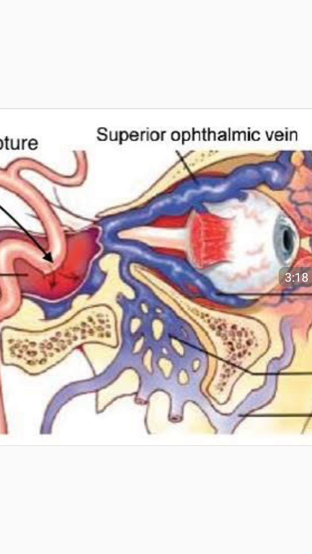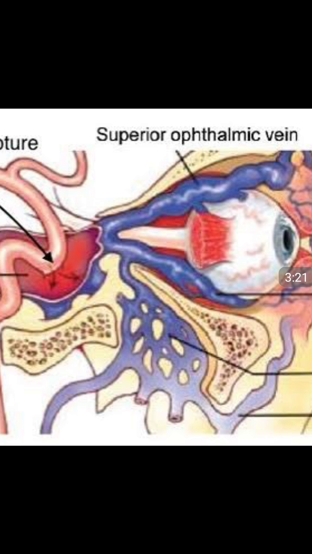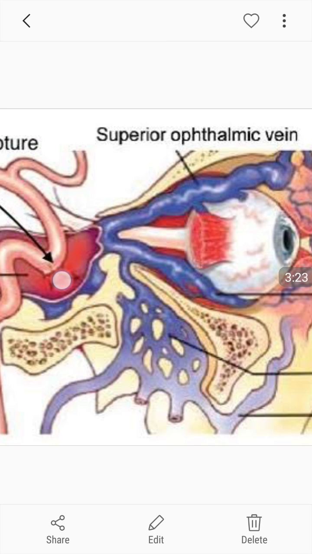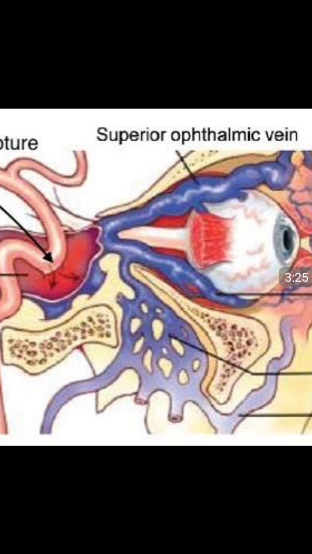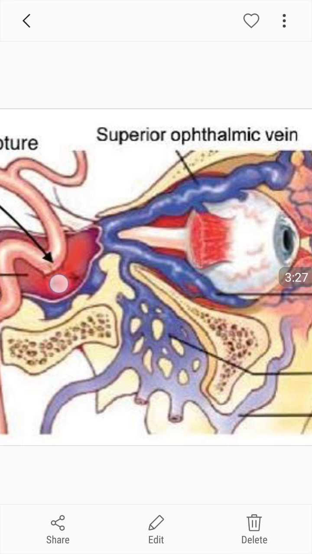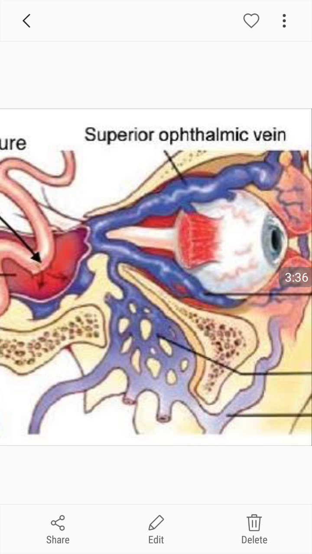They both drain posteriorly into the cavernous sinus, so the pressure developed within the cavernous sinus due to pouring of blood from the internal carotid artery is transmitted to the superior and inferior ophthalmic veins. Look at the superior and inferior ophthalmic veins, they actually become dilated.